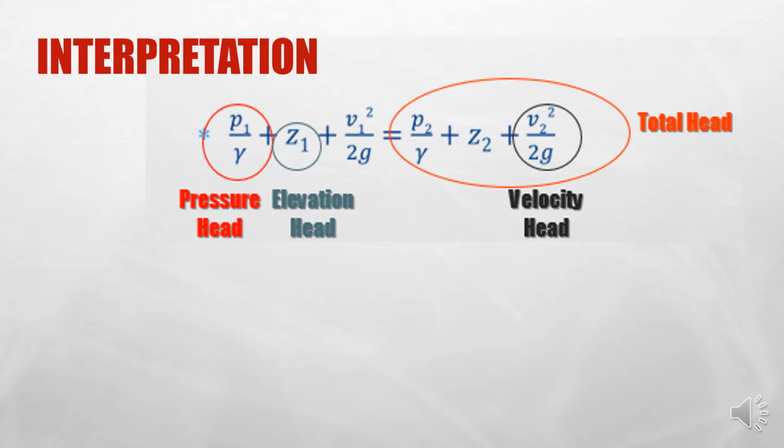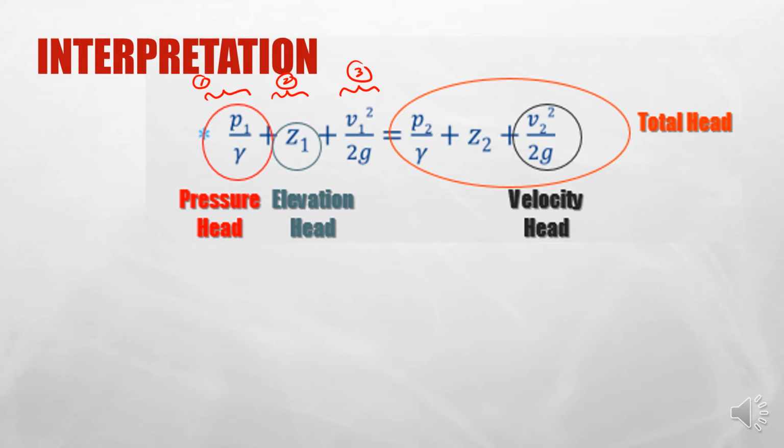For example, the first term here, P1 divided by γ, which is the specific weight, represents the flow energy per unit of weight. This one represents the potential energy, divided by weight as well, and this one represents the kinetic energy.